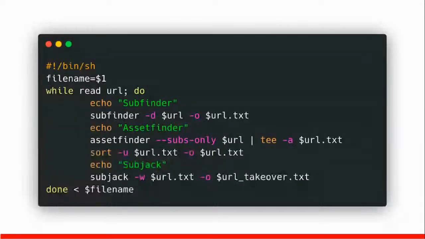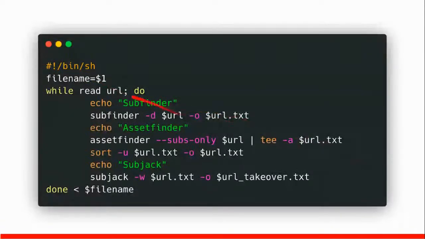In the previous slide we had enumerated numerous targets and stored them in a file, so all I need to do is pass this file to the script. This script will pick one domain from it, enumerate subdomains for it, and pass that subdomain list to the Subject command. Subject will then store the results in a file.